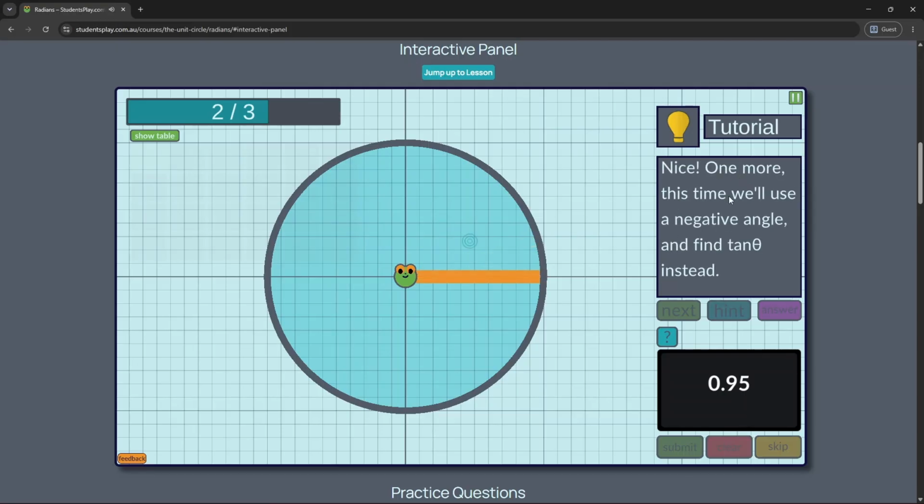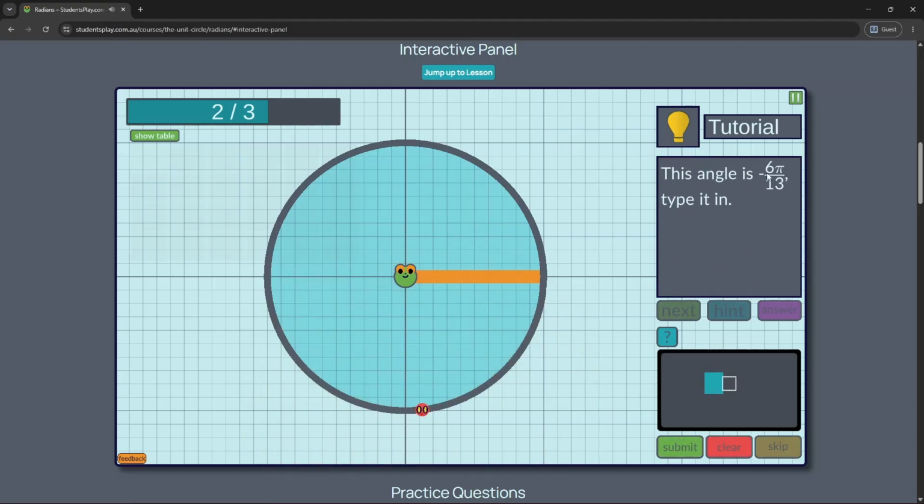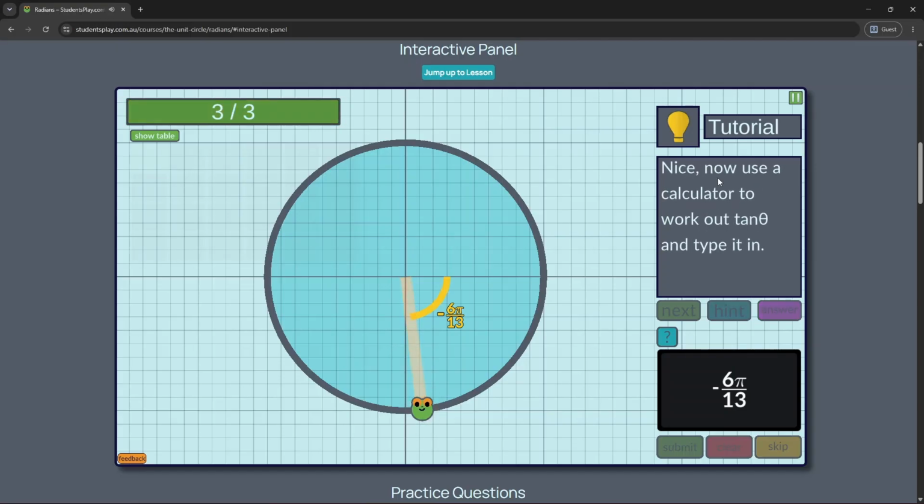One more, this time we'll use a negative angle and find tan theta instead. This angle is negative 6 pi on 13. Type it in. Nice. Now use a calculator to work out tan theta and type it in.